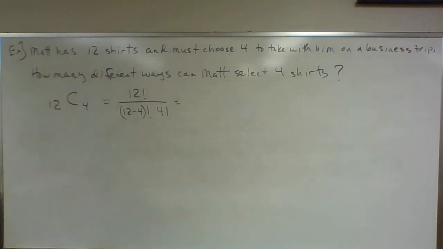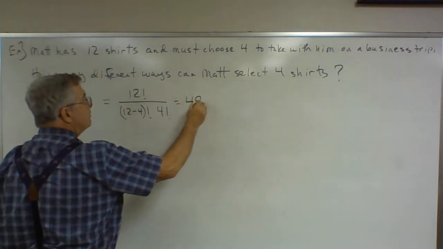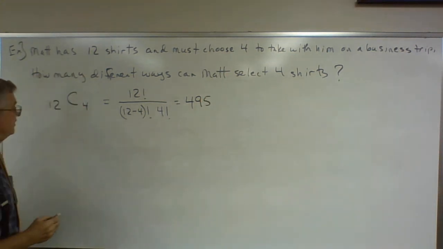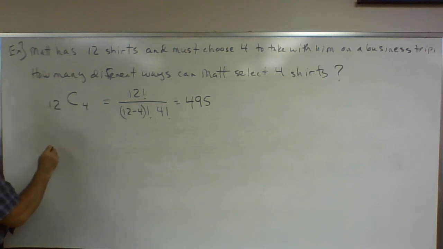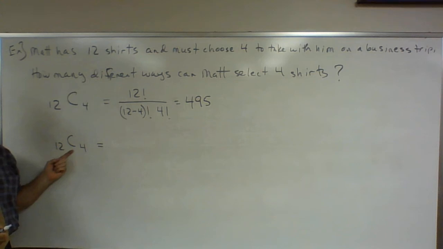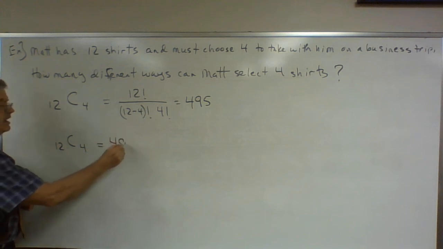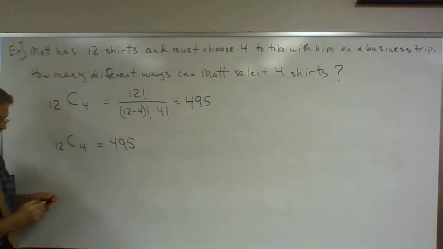What did I compute this to be? 495. Or we can use the combination function, 12 combination 4. And we'll enter 12, hit the probability button on our calculator, move the underscore to underline NCR and hit enter, and type the 4, and hit enter, and we'll get 495.